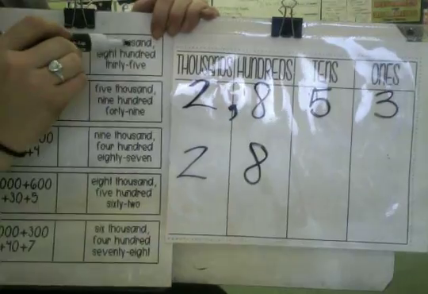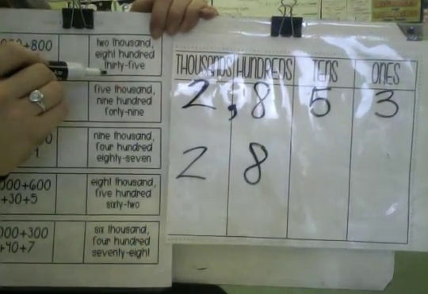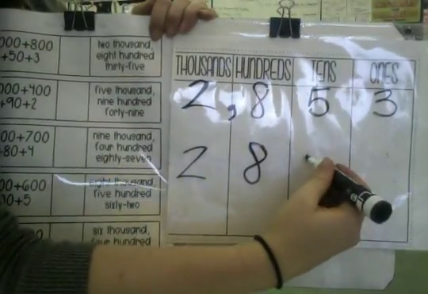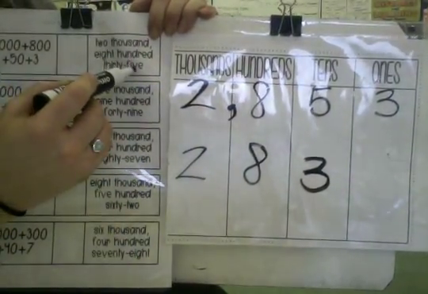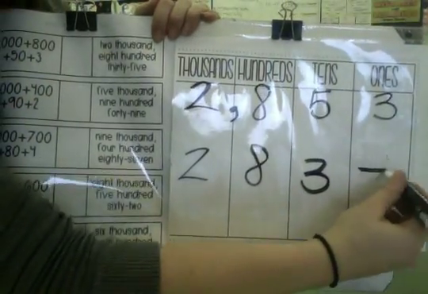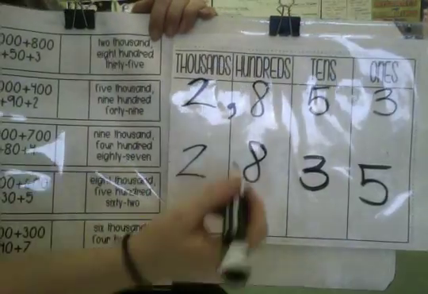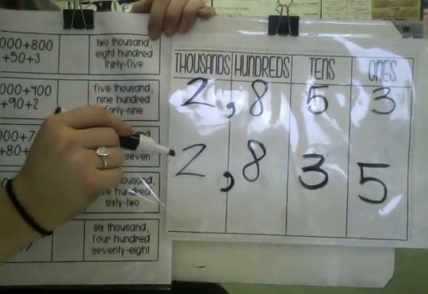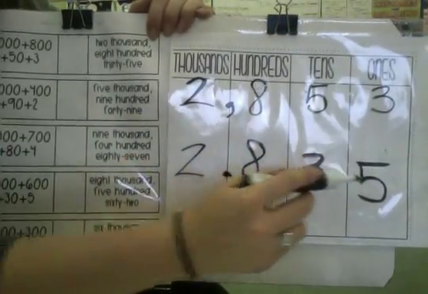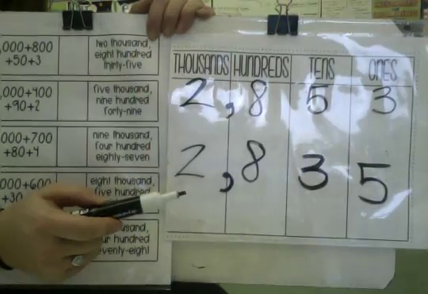Awesome. 2,830. 30 is 3 units of 10, so let's put our 3 there. 35. In the number 35, there are 5 units of 1. So 1, 2, 3, comma, please. So this is the number 2,835. So this is what both of these numbers would look like in standard form.